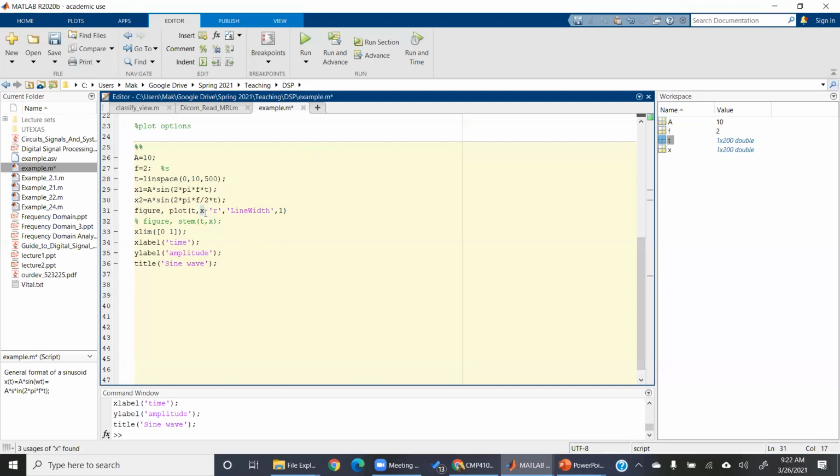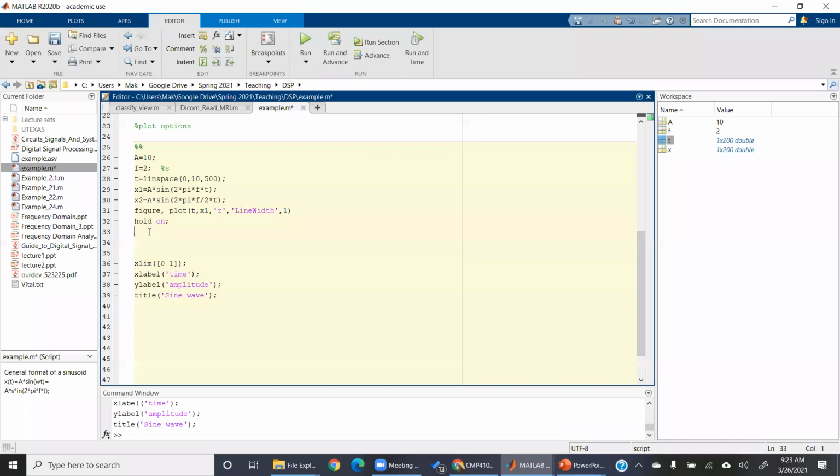So I plot x1. If I want to pick up the next plot on the same graph, I use the hold on command. It means hold on to what you have, I'm bringing something else. Hold on to the salad, I'm bringing the beef stew. This time, if I call figure again, it means I'll be creating another figure.